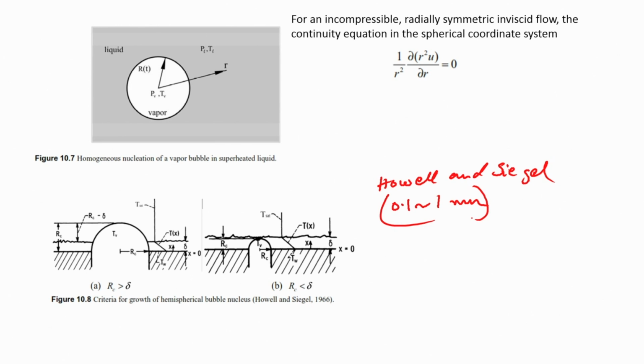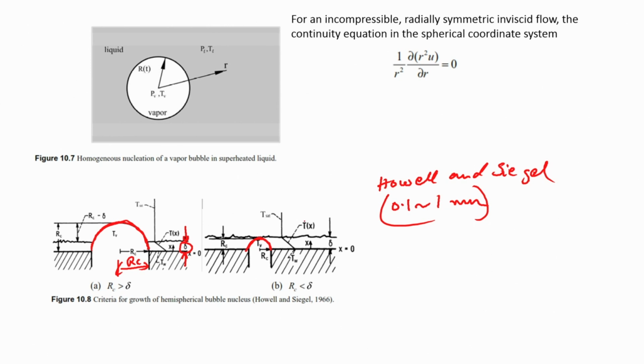How do these bubbles actually grow? So, there are two scenarios that are possible, okay. When the cavity size RC is so large that a part of this bubble actually sticks out above the thermal boundary layer, which is given here, that is the thermal boundary layer thickness, got it. So, a part of the bubble basically sticks out, okay, and in the second case most of the bubble is actually encompassed within this thermal boundary layer, okay.